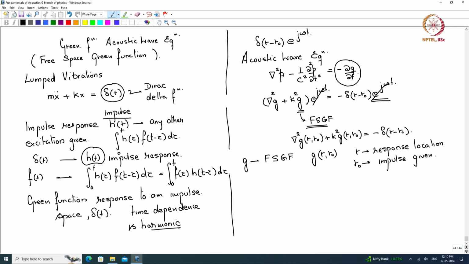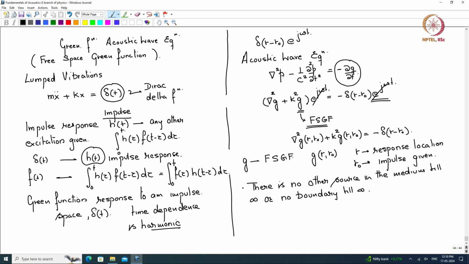Now this is called the free space Green function because there is no other source in the medium till infinity, and no boundary condition till infinity.